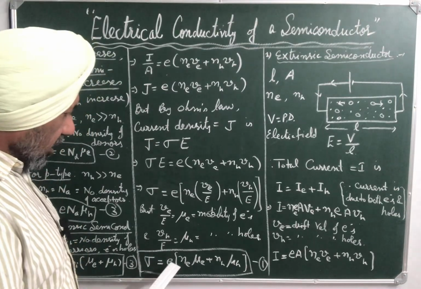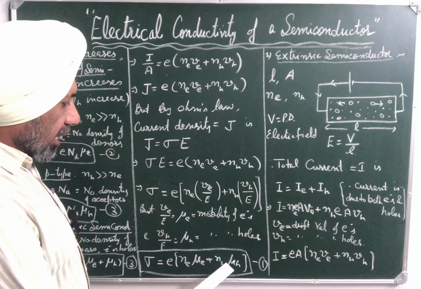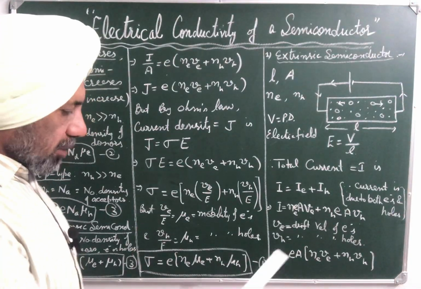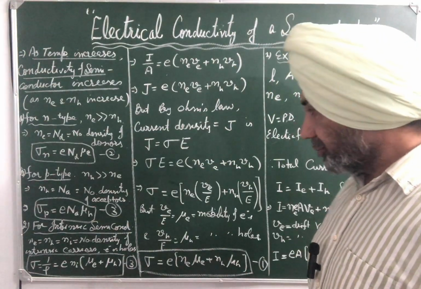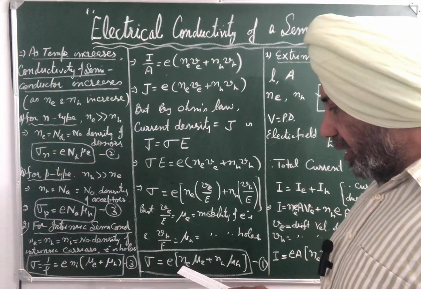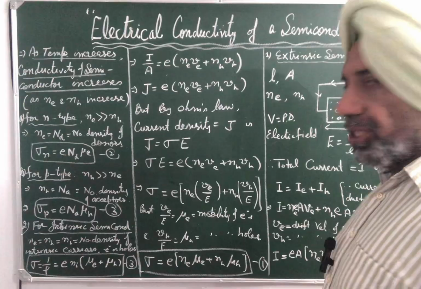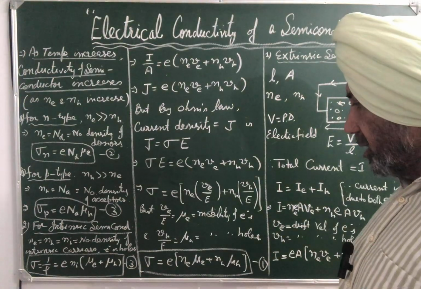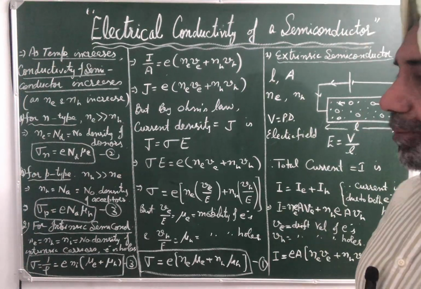So sigma comes out to be sigma = e (Ne mu e + Nh mu h), which is the required expression for electrical conductivity of a semiconductor. Here Ne and Nh are the number densities of electrons and holes respectively, and mu e and mu h are the mobilities of electrons and holes respectively.